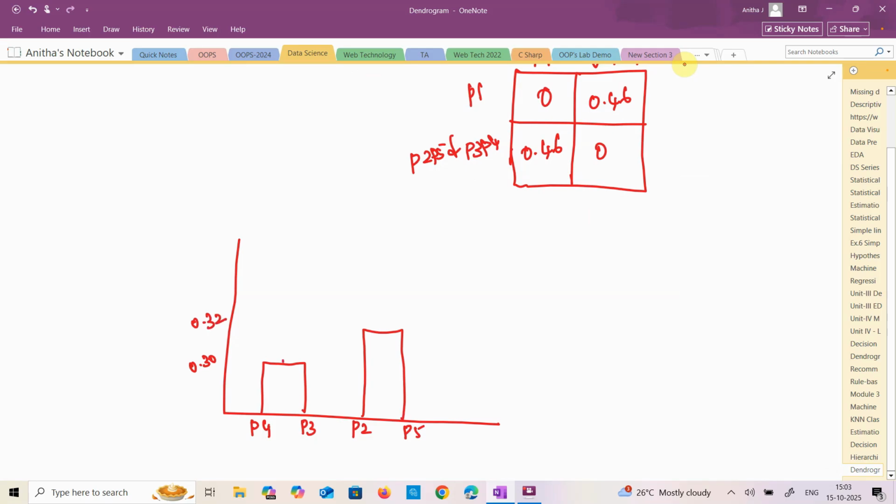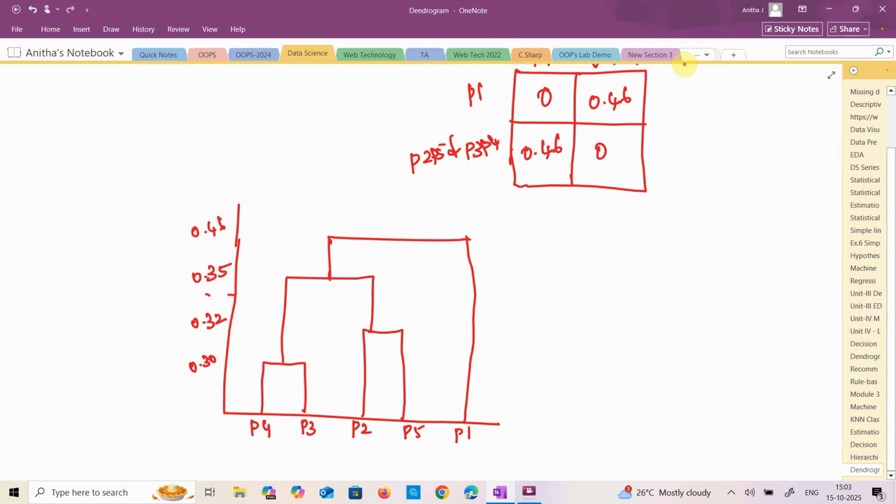And in the next step, these together get merged at the value of 0.35. And the last step, we have P1. The last point is P1, which gets merged together with all your data points at 0.46.